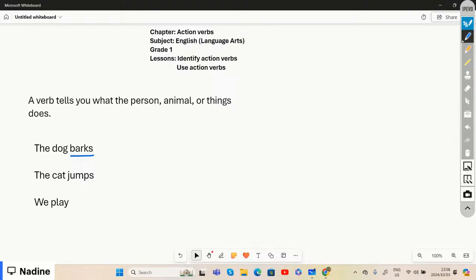So, barks is the action that the animal is doing. If you look at the next one, it says the cat jumps. So the word jumps. What is the cat doing? The cat jumps. So jumps is our action verb. It tells us what the cat is doing.